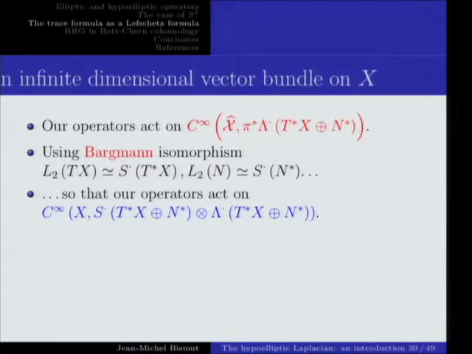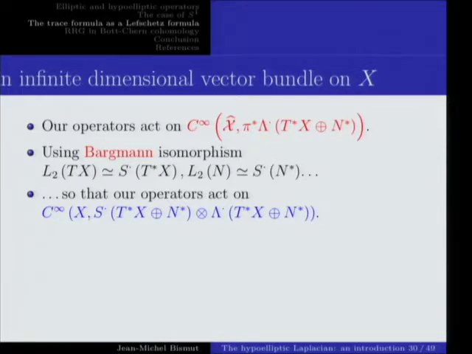The Bargmann isomorphism says that the L2 space of a Euclidean vector space is the same thing as the completed vector space of polynomials on the vector space. So this is the identification: L2 of TX is the same thing as a symmetric algebra of T star X. That's through the Hermite polynomials.